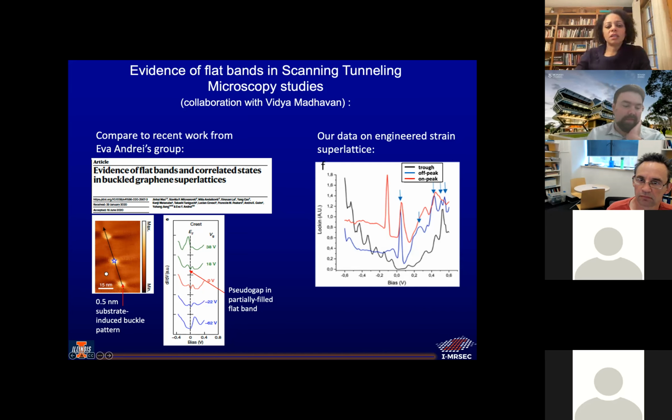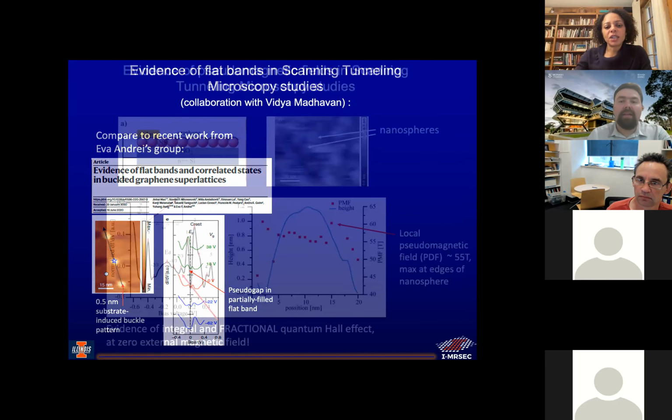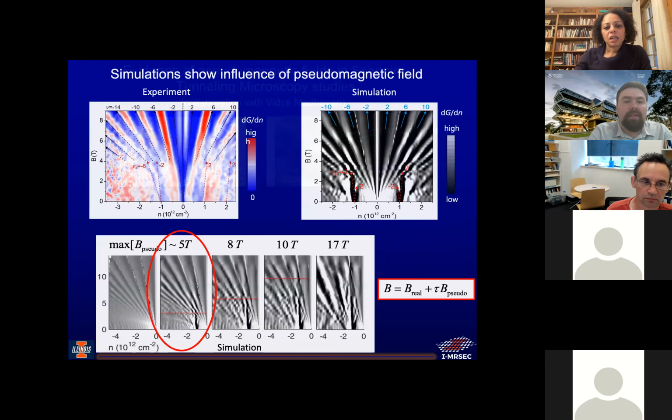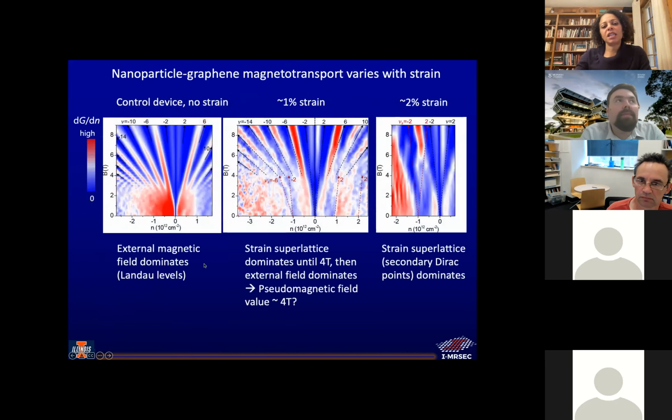This data does have simultaneous magnetic field and strain, right? This is an external magnetic field, and the graphene is strained. So what would you expect to see in that case?